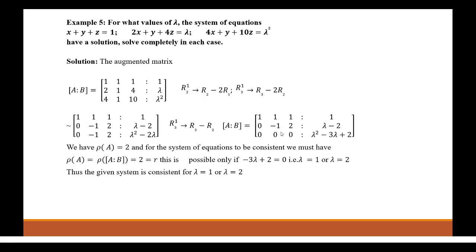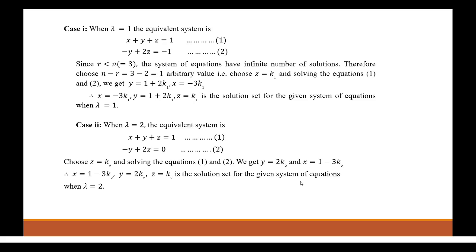In the augmented matrix, the third row of matrix A becomes 0. Therefore, the rank of matrix A is 2 and the rank of the augmented matrix is 2 for these values. Then the given system is consistent for lambda is equal to 1 and lambda is equal to 2.